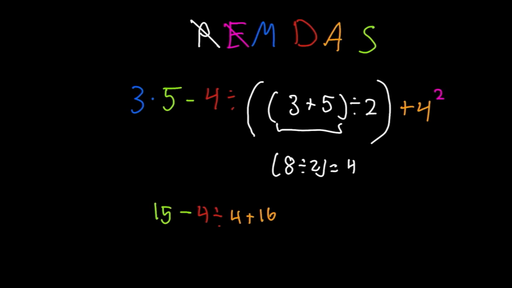So I have my M step done. Now I have to do my D step for division. So I have 4 divided by 4 over here. I'm going to quickly circle this. And that's going to become 1. So I'm going to erase this, put a 1.